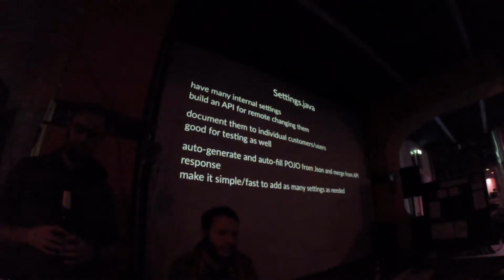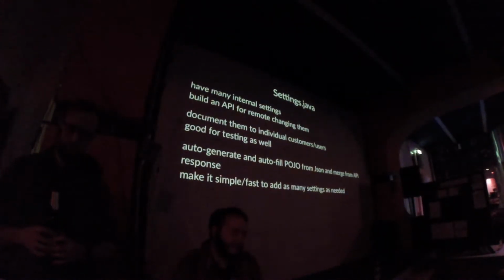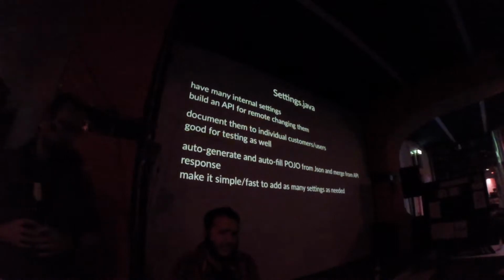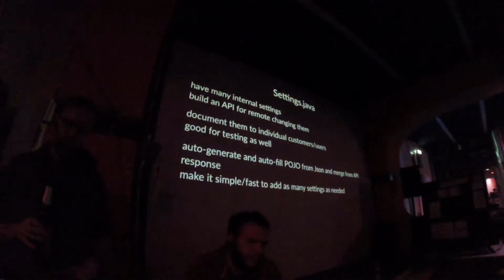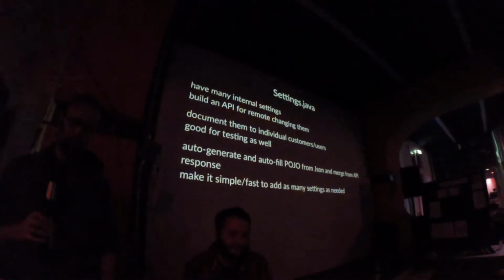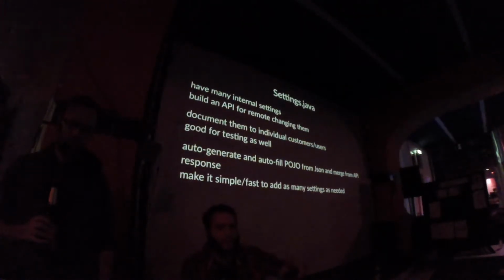The new way we found is this Pojo generator, an open source tool that I've been using. During compilation time, it reads the JSON file and generates a Pojo object from it, created automatically with the default values shown inside that JSON.